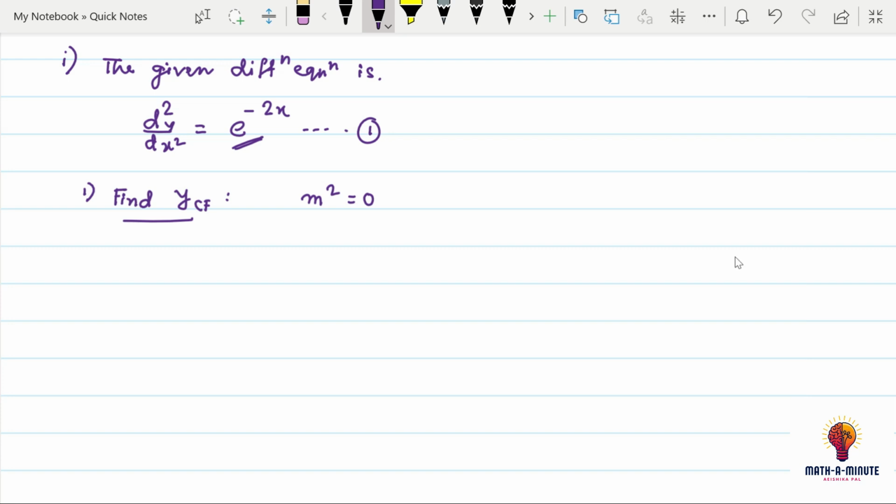So the value of m will be 0 and 0. Therefore the complementary function y CF will be C1 plus C2x into e to the power 0x. We know that e to the power 0 is 1, so it will be C1 plus C2x. I hope this part is clear.